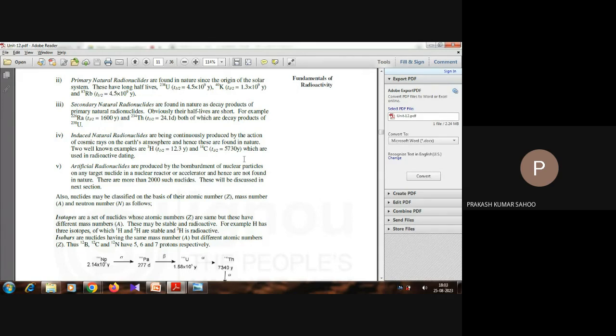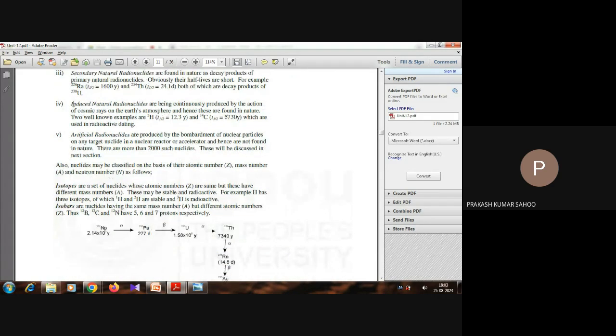Then induced natural radionuclides are produced by the action of cosmic rays. For example, we have tritium, H-3, with 12.3 years, and carbon 14, with 5730 years, and this carbon 14 isotope is used in carbon dating.